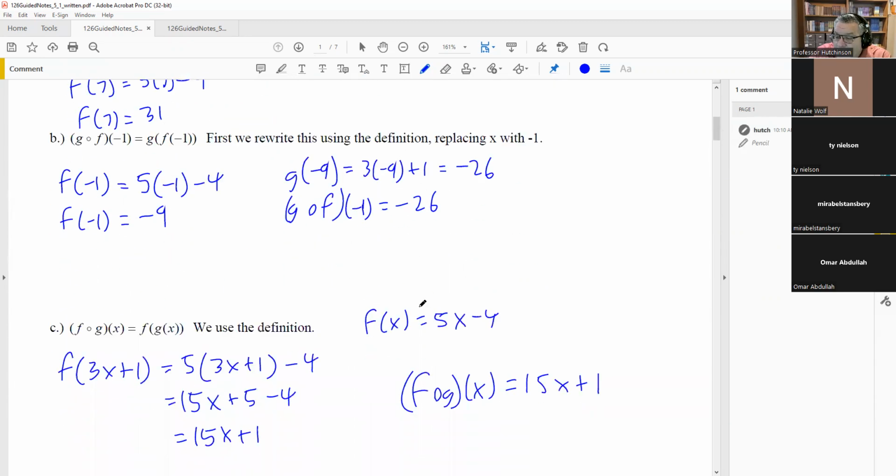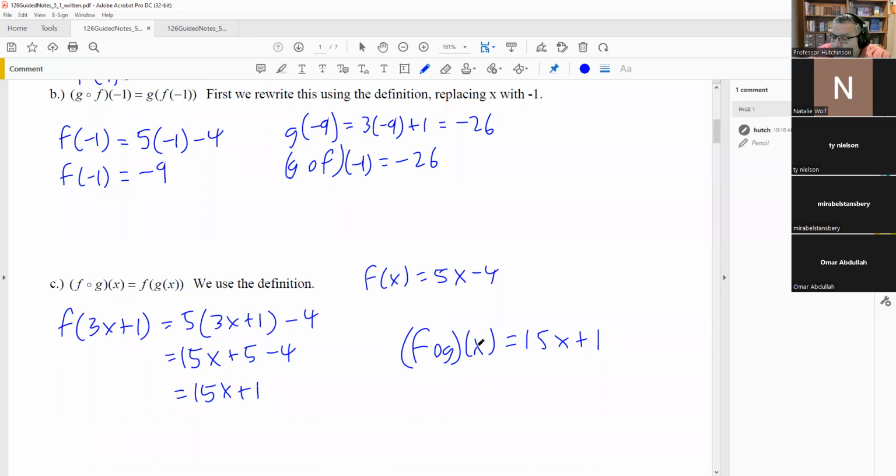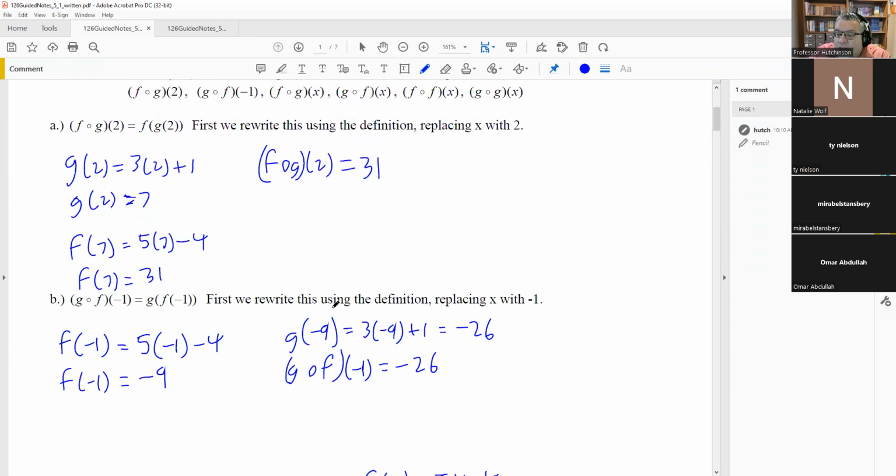I have found f of g of x, which means if I put a 2 in here for x, I get 15 times 2 is 30 plus 1, 31. I get exactly the same answer as I got up above here. So there are actually 2 different ways that you could do these kinds of problems with a number. You could do it all numerically like we did initially, or you can find f of g of x, and then once you get done with that, just plug a 2 into your answer.